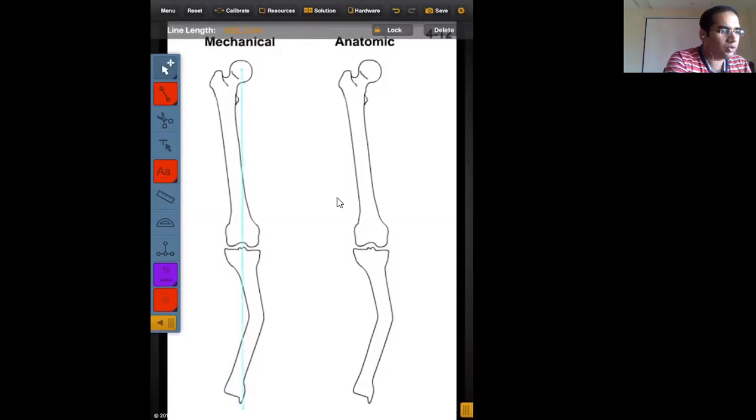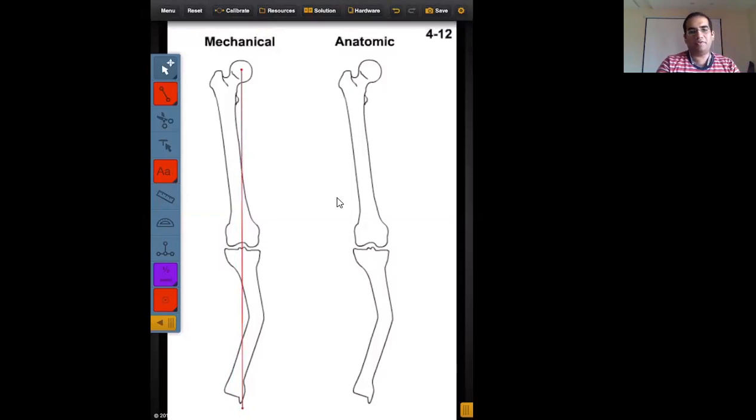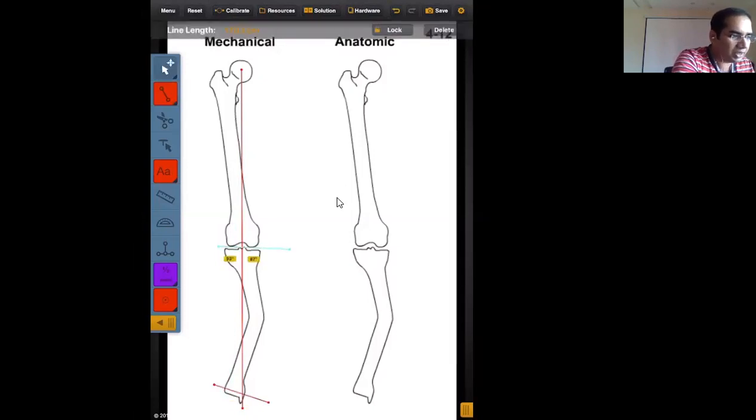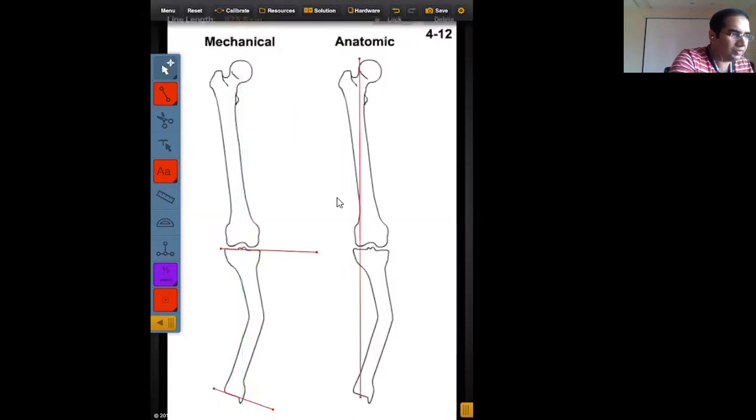In this case, as I know that the femur has no deformity, I've just extended the line. Then I will draw my reference lines, joint orientation lines. The second step is that you will draw the mechanical axis of your individual bone.